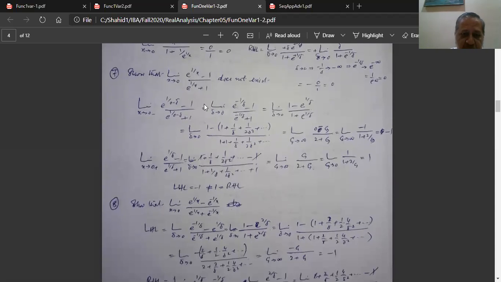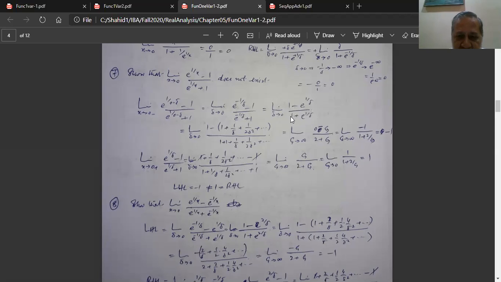Now here we have to show that this limit does not exist. Worked out from the left hand side, see what is done. 0 minus delta replaced for x, and this expression converted to this form by multiplying both the numerator and the denominator by e power 1 upon delta.